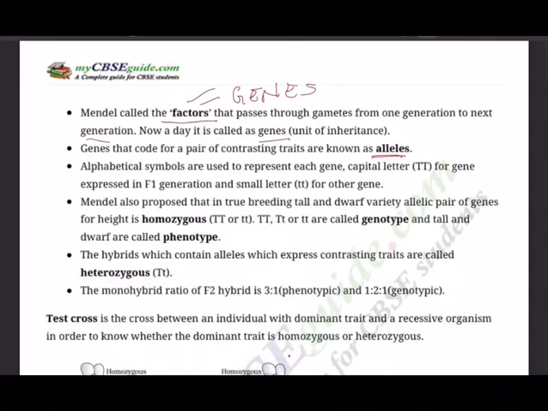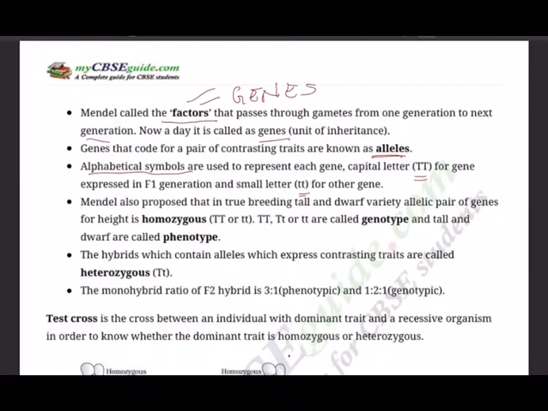Regarding the alphabetical symbols, yesterday I said do not think there will be a gene called capital T or small t. For our convenience, we are using alphabetical symbols to represent each gene, like capital T for the gene expressed in the F1 generation, and small t for the other gene.